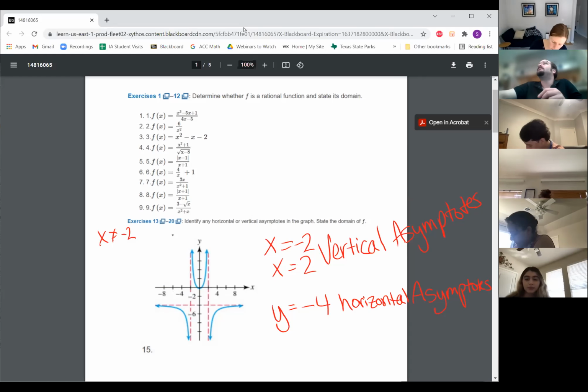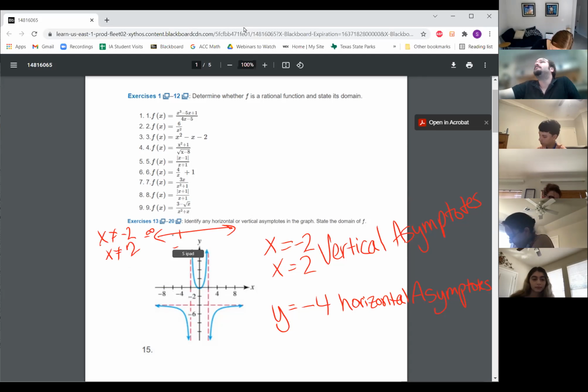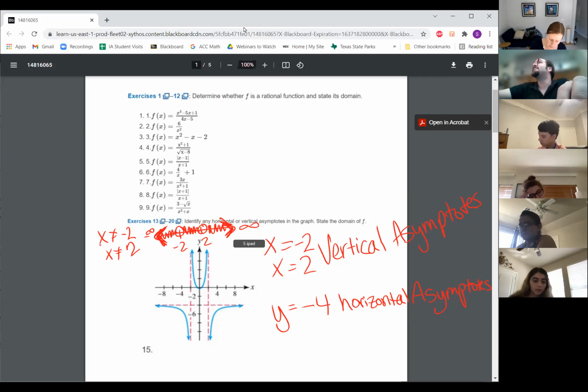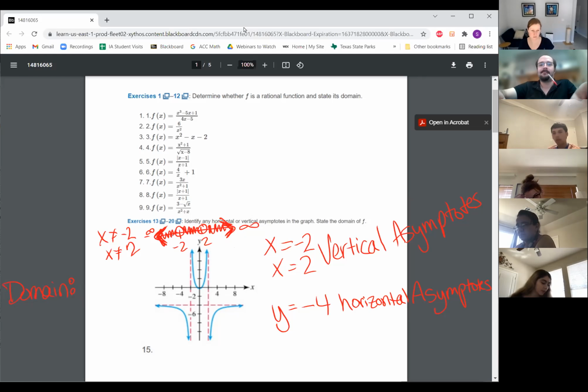+2. So given that information, I can draw the number line if it helps you. Remember, we start at -infinity, -2, +2, +infinity, open circles, and a shade. It can be anything except for those 2 numbers. So can you try to write the domain? Would it be infinity and +2?